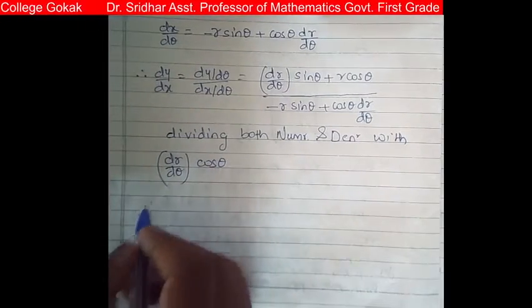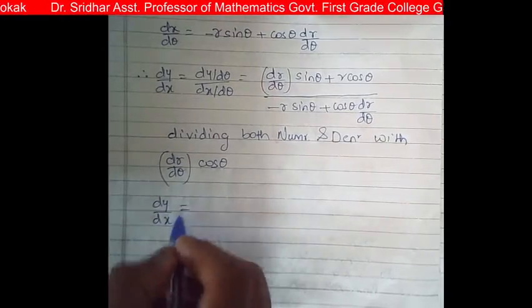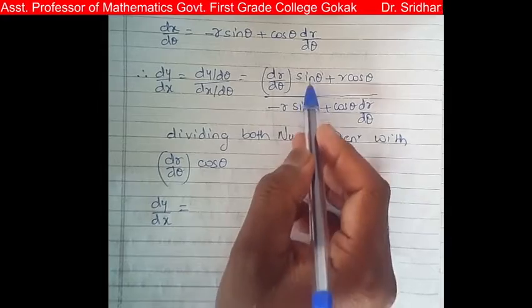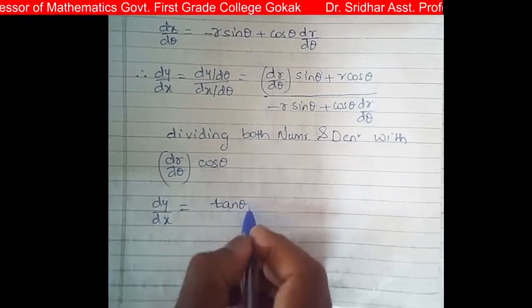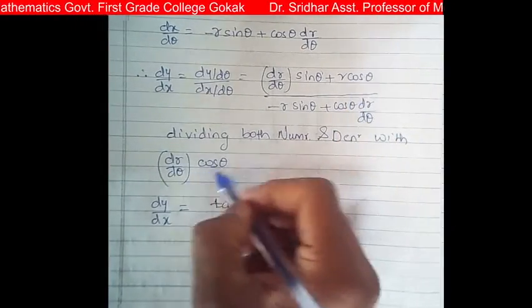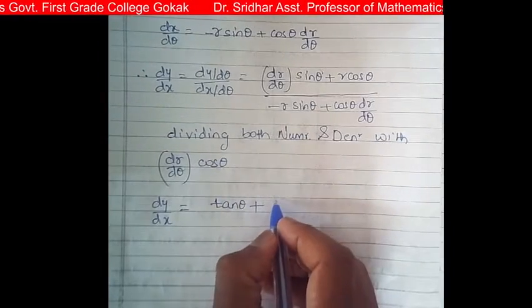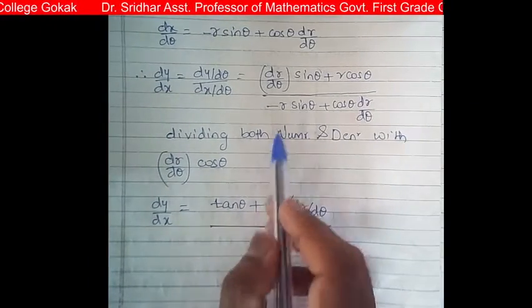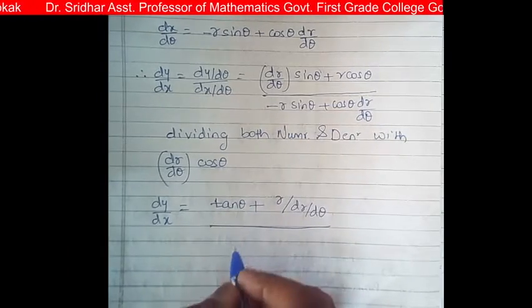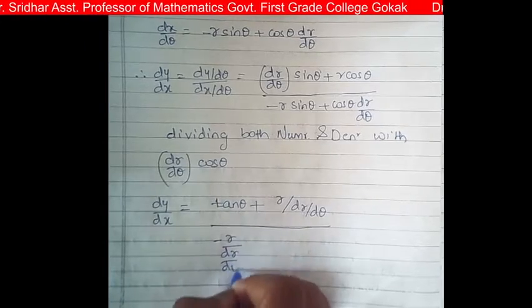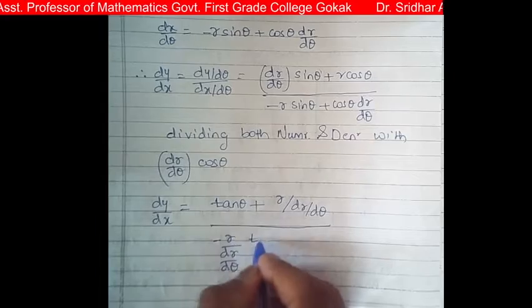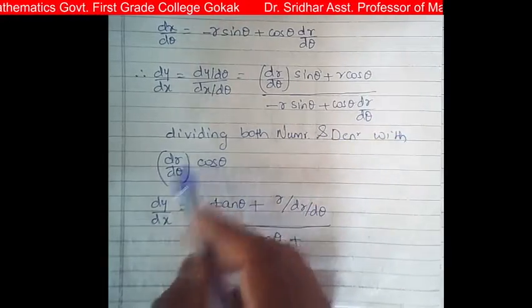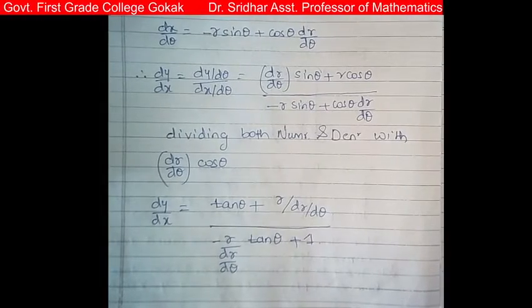Then what happens? dr by d theta gets cancelled, sin theta by cos theta is tan theta, plus r divided by dr by d theta remains. In the denominator we get minus r divided by dr by d theta into sin theta by cos theta, that is tan theta, plus the cos theta and dr by d theta cancel, giving 1.